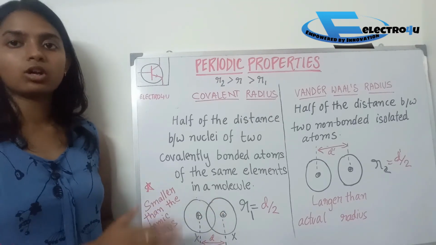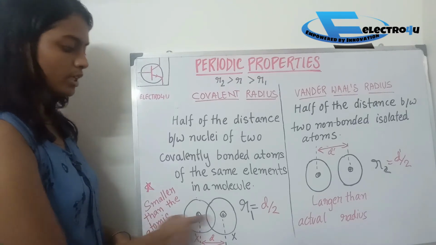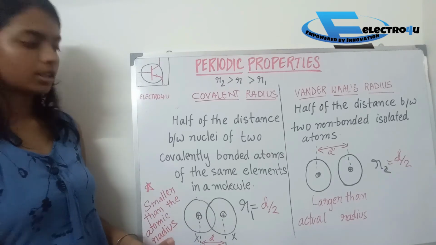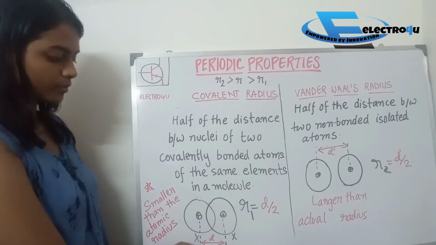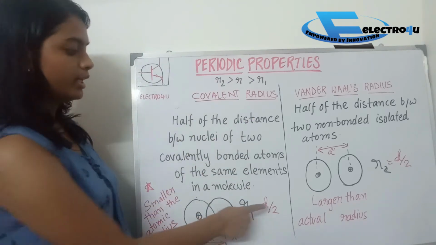So this is called covalent bonding, and the distance between the nuclei of these covalently bonded atoms is d. So the covalent radius for this will be d divided by 2.